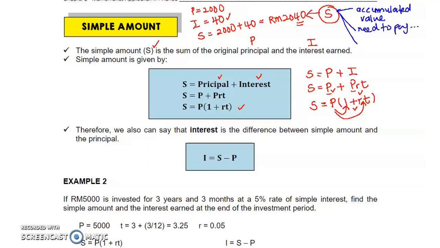Or amount that you earn at the end of a certain period. This one is referring to value S. Okay, so how to find interest just now? I equal to S minus P. Let's say you need to pay back 2,040 ringgit, and you borrowed 2,000 ringgit. So that means the amount of interest is 40 ringgit. Okay.